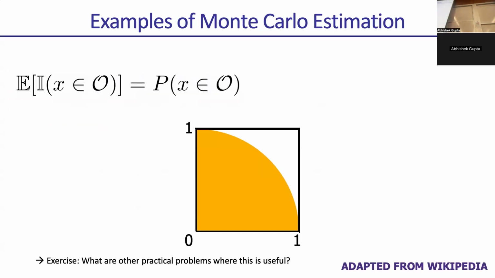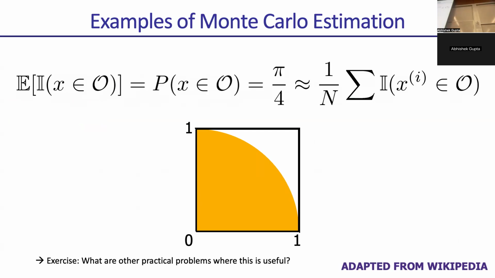Good. All right. So an example here is kind of fun, which is you want to estimate the area of a circle. Of course, you could use pi r squared. But another way of doing it is to just draw a circle and then draw random samples in the unit square, and see what is the probability that a sample lies inside the circle.